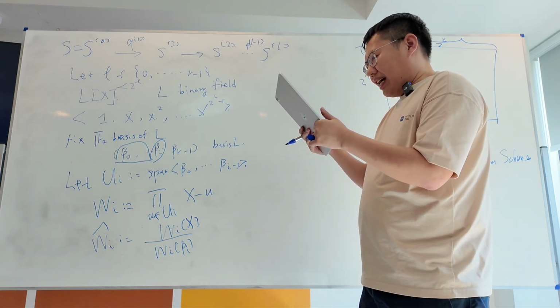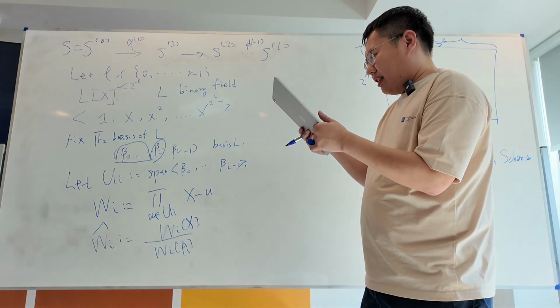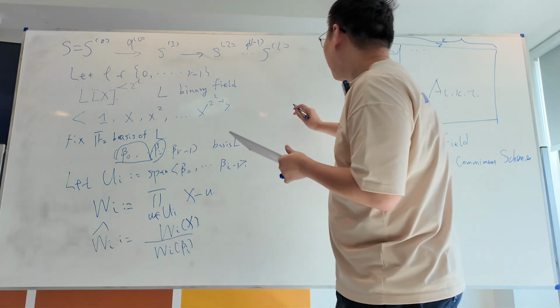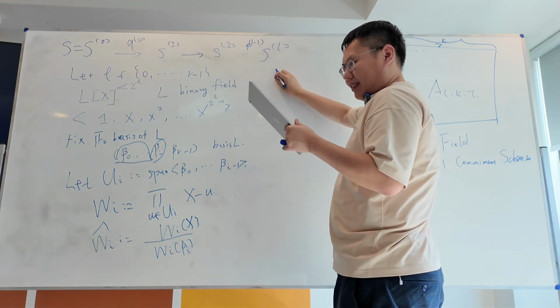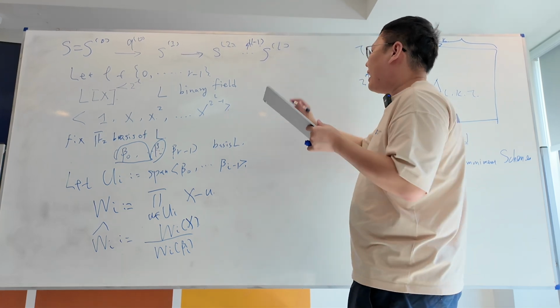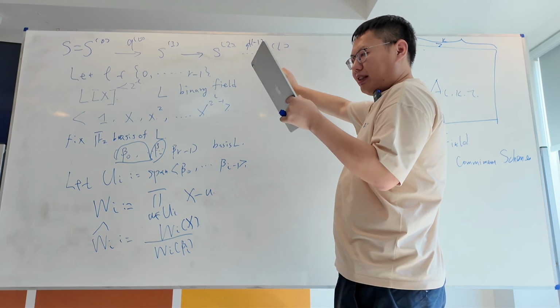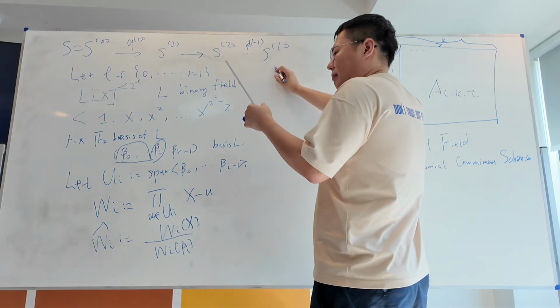There's also one more complicated thing: we are going to create a basis from here by creating somewhat complicated polynomials.